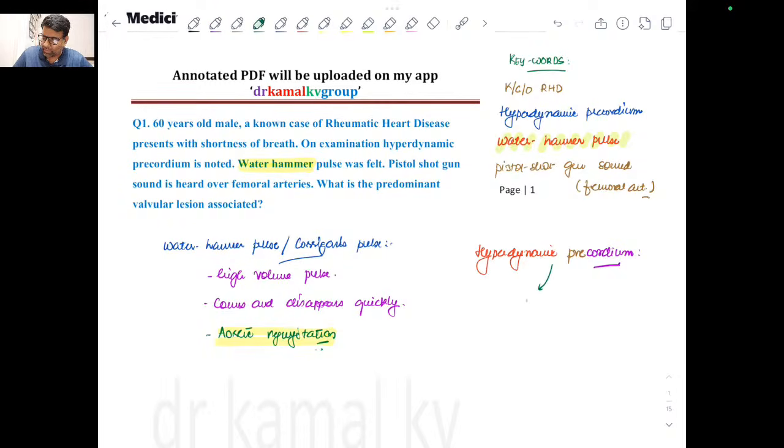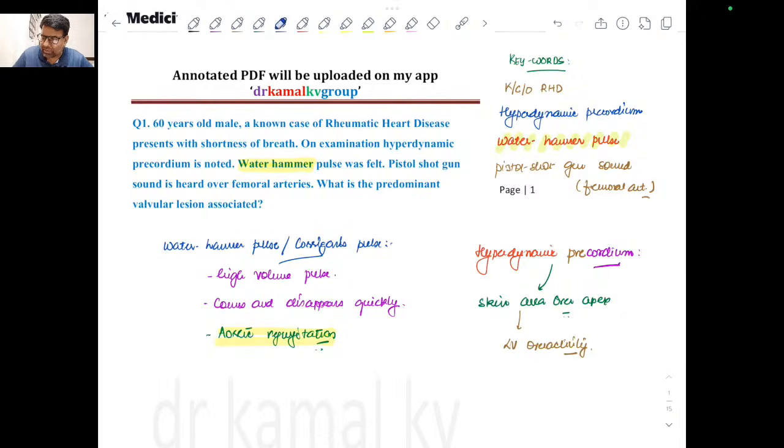So this is the skin area over the apex. If it is hyperdynamic, it means there is left ventricular overactivity, and we know that there is backflow of blood in aortic regurgitation from aorta back to left ventricle. So the left ventricle is overloaded. So that is hyperdynamic precordium.